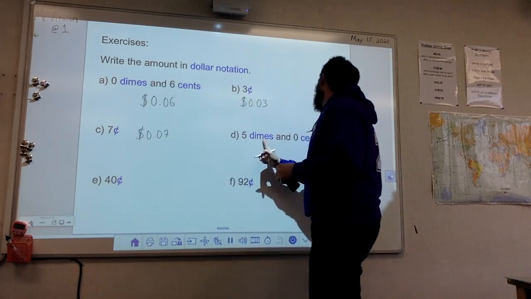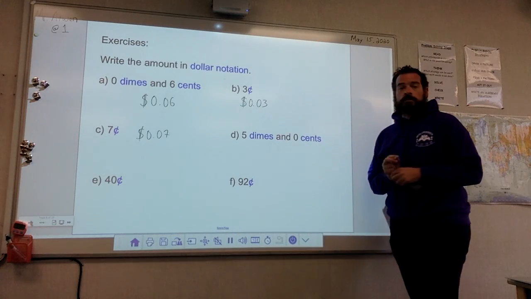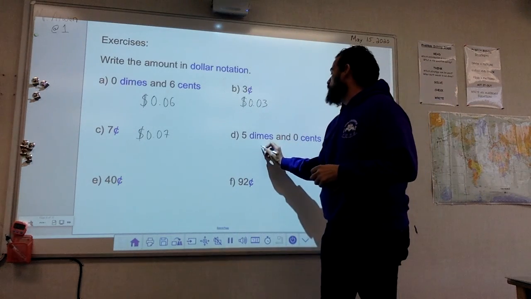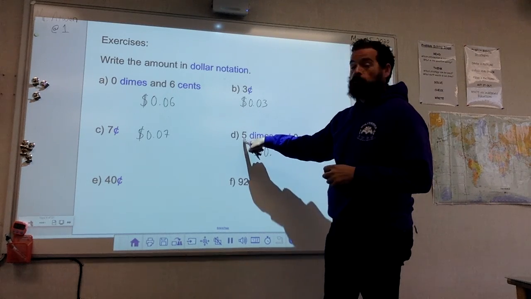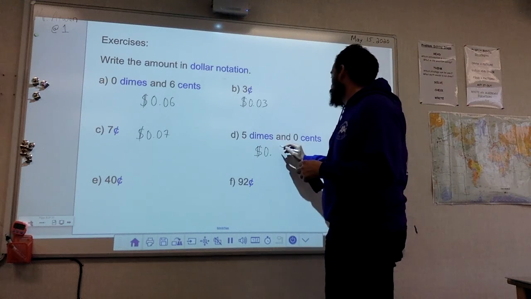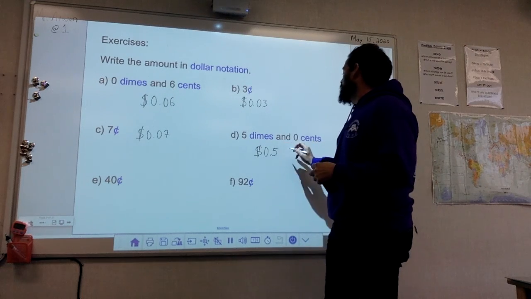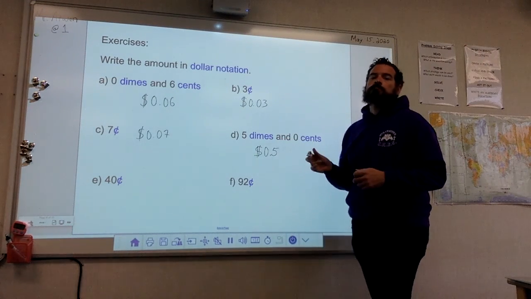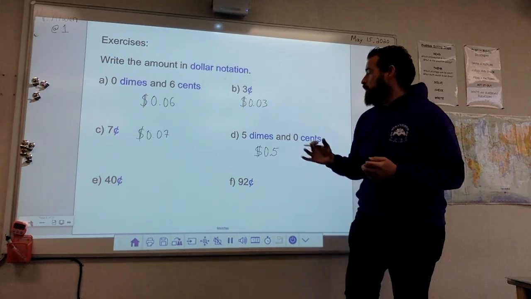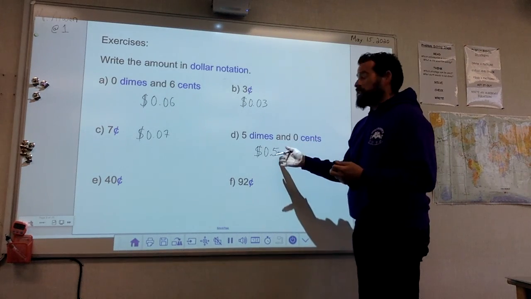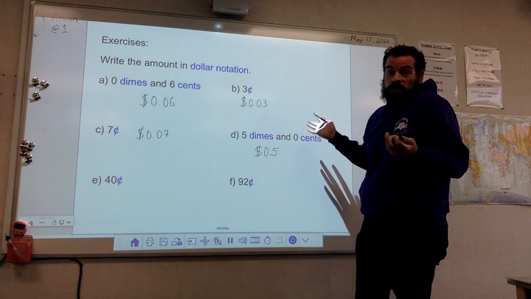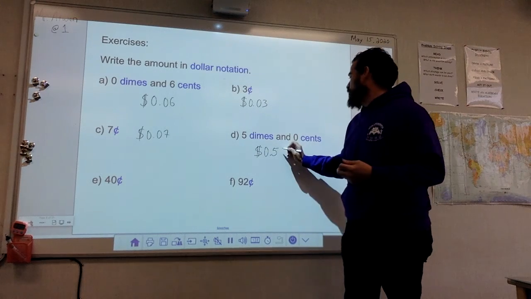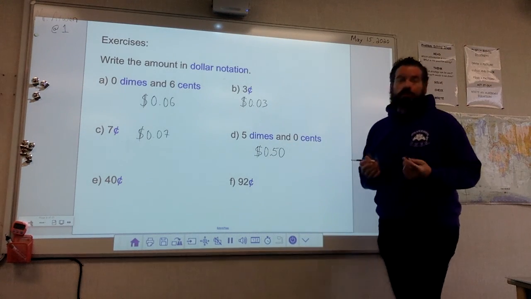$0.07. Now we have 5 dimes and 0 cents. $0, 5 dimes, so 5/10 of a dollar. So we put a 5. 0 cents, when we're writing with money, and I know in some of the earlier lessons, when we had an answer where we did not have a digit to the right of the tenths place, we would just leave it off. But when we're writing money, we put that in to show 50 cents.